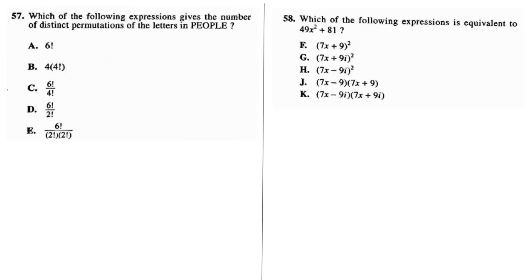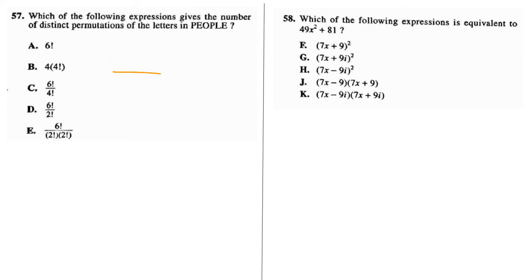And number 57, every day you get asked how many distinct permutations can you make of the letters in the word people. That's just a normal everyday thing. The way you do this problem is going to be a fraction. The first thing is you need to count how many total letters you have.